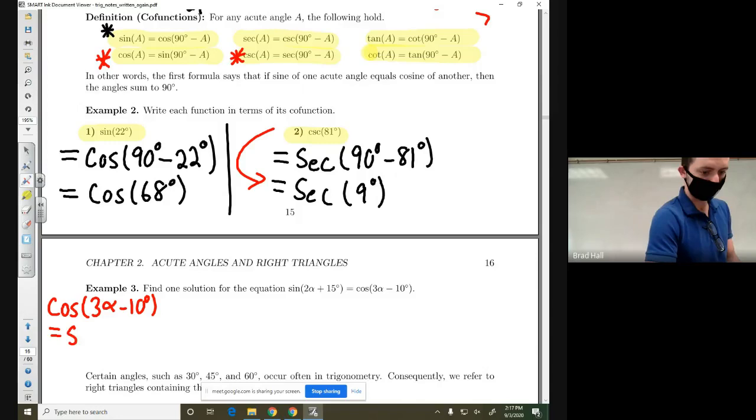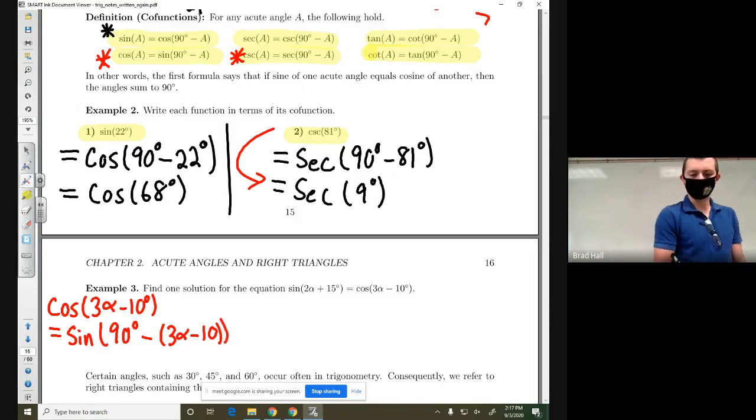It says we can write sine, it says throw in 90 degrees no matter what, and then subtract what was originally there. Now, you subtract that whole angle. I'm keeping that whole angle in parentheses. So notice it's minus (3 alpha minus 10). I put parentheses because that minus sign needs to distribute.